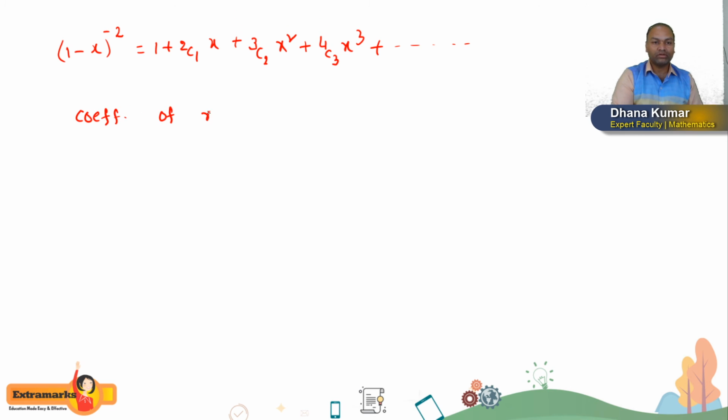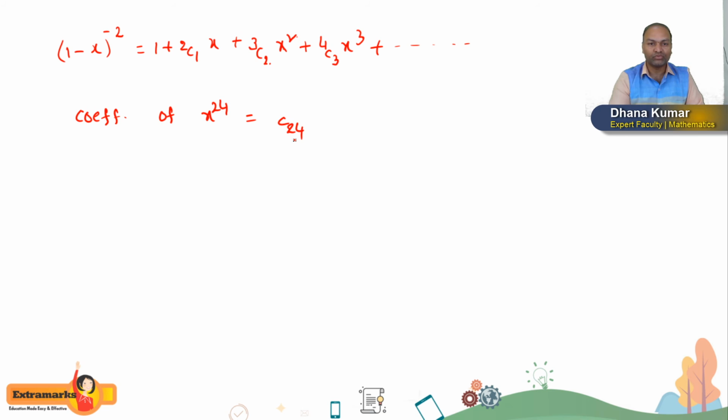Now the coefficient of x power 24. Just see here, no need to write up to x power 24. Simple logic, you observe this one. In every term, not only this one, the x power and the lower suffix are the same. So here x power is how much? 24.